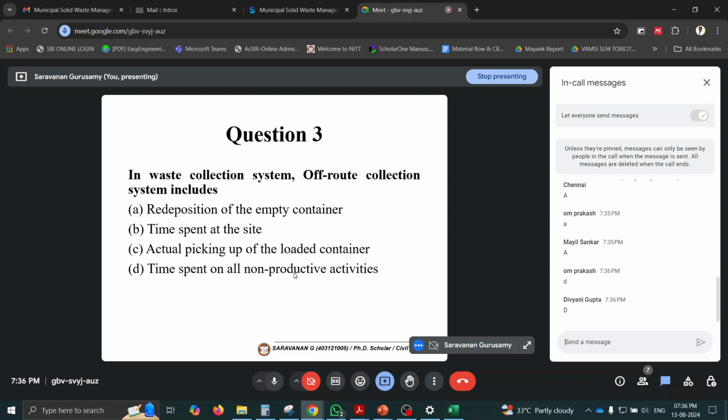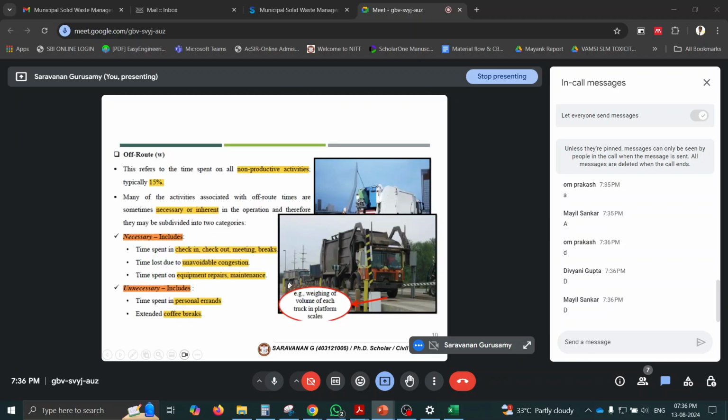The answer is time spent on all non-productive activities. That's correct. Off-route time will be 15% of one day's productivity, that is 8 hours. 15% we have to deduct for non-productive activity. It may include necessary and unnecessary activities, as we have discussed. You can refer here.